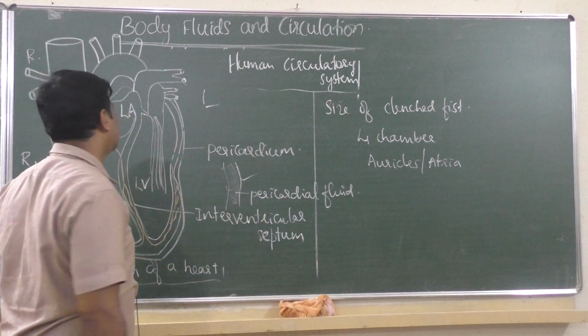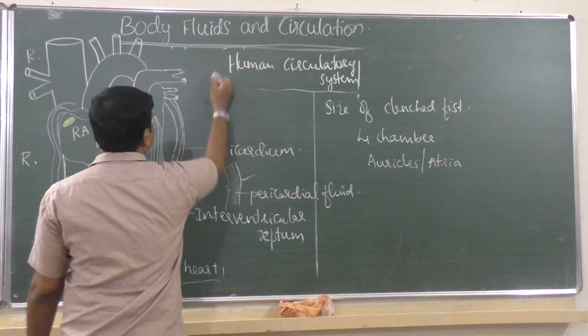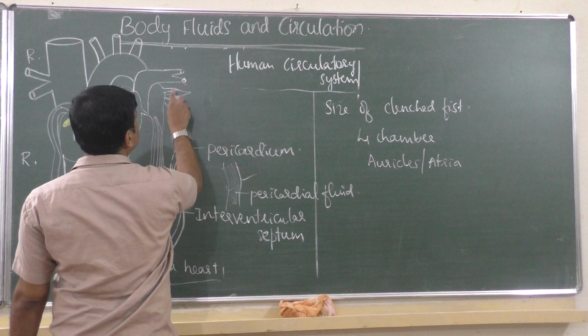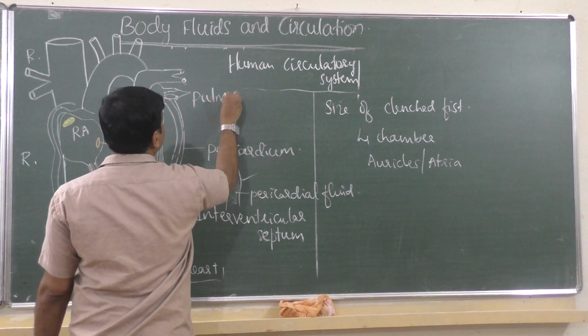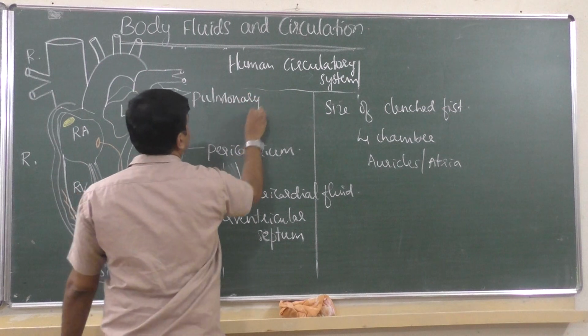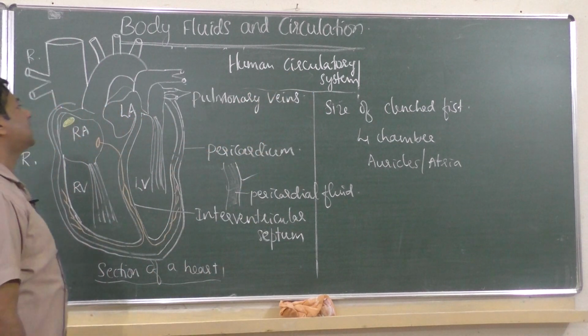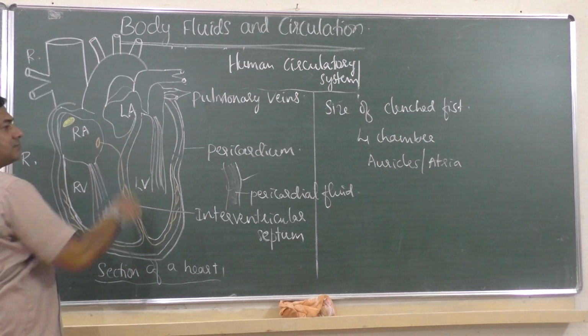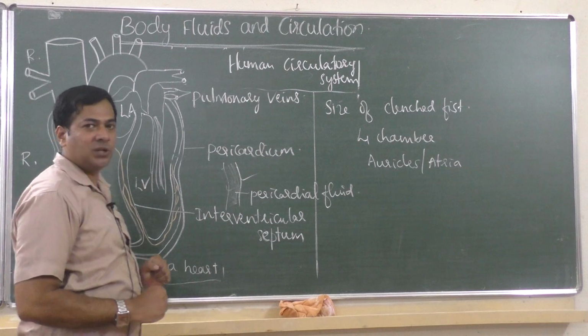The left part, exactly the left auricle. What brings it? It is brought by 2 tubes, what you see here, that is the pulmonary veins.